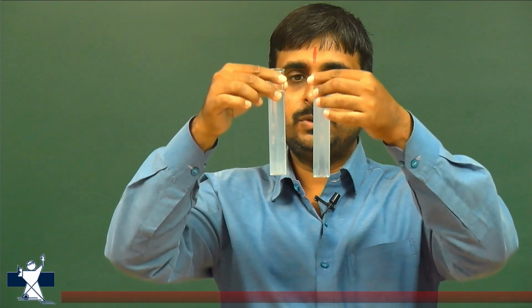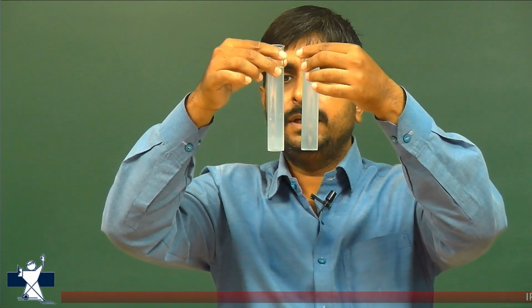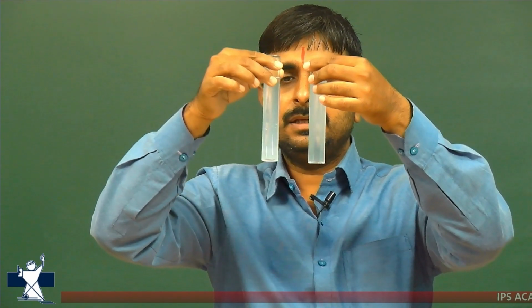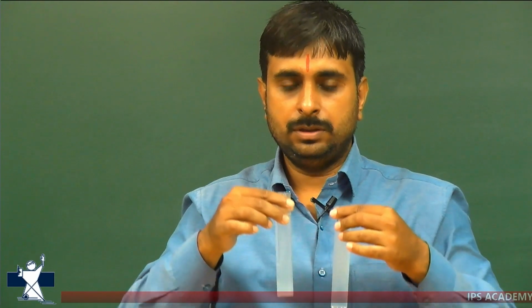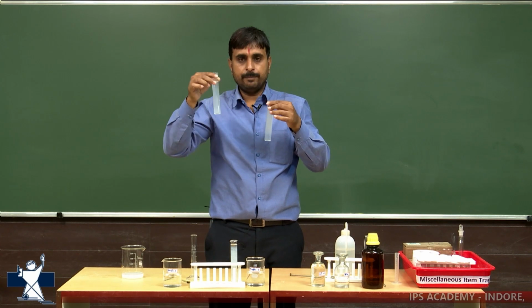What we are observing is that the turbidity is nearly the same, or we can observe that the turbidity of sample A is lighter as compared to the standard solution. So, we see that the sample passes the limit test.